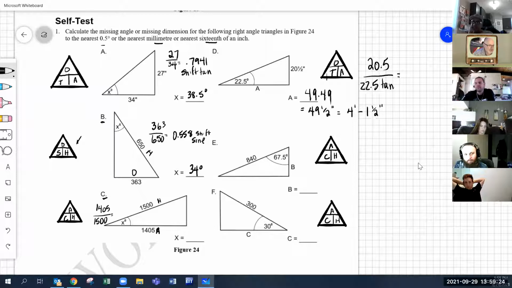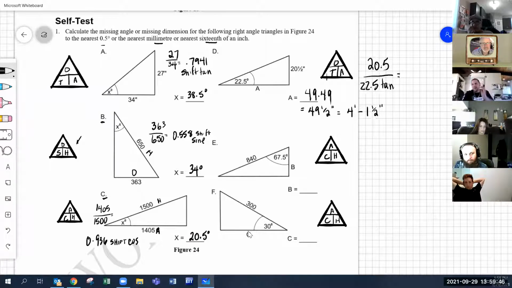And that equals 0.936 repeating. Shift on your calculator cosine. And you should have an angle of 20.5 degrees for that one.